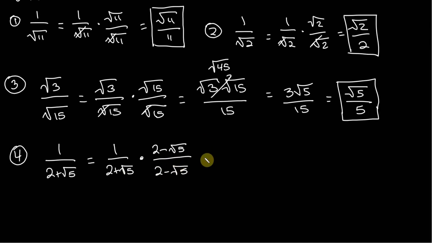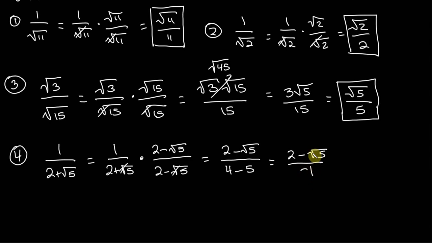So that's going to leave us with 2 minus root 5 in the numerator, and then 2 times 2 is 4, and then it's just going to cancel, so it's going to be 4 minus 5. And this is actually going to leave us with an interesting result, because what this simplifies to is 2 minus root 5 over negative 1.